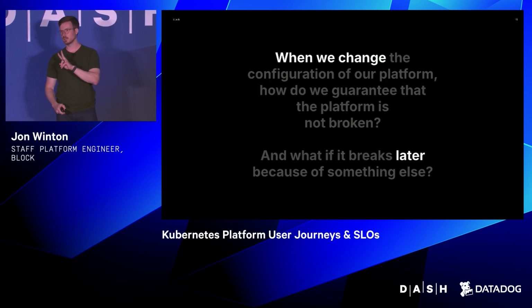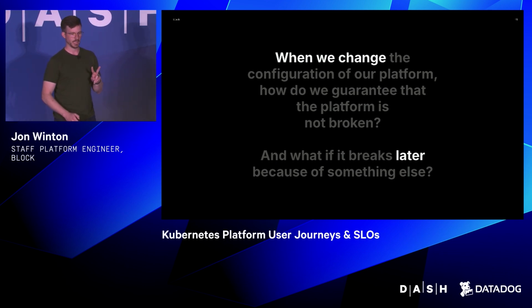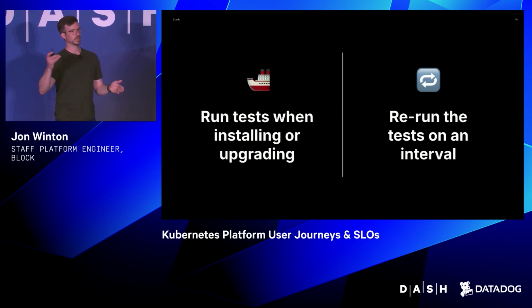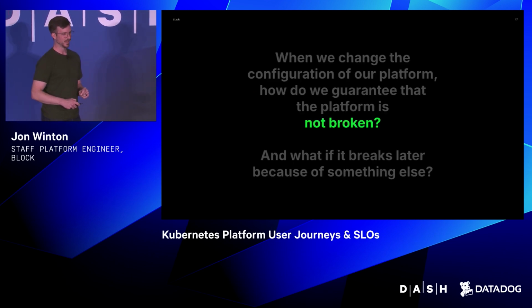And this illustrated two main things. We're asking time-based questions. And that tells us that we need to, one, run tests whenever we take action, and then two, continue running these tests on an interval to ensure that we're good. Not to give too many things away, but SLOs. That's how we're going to build those.